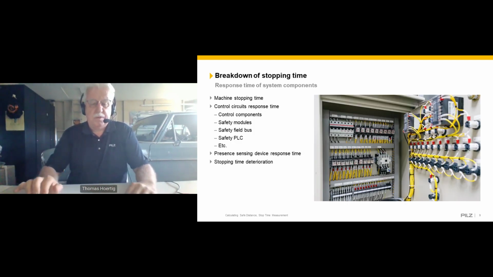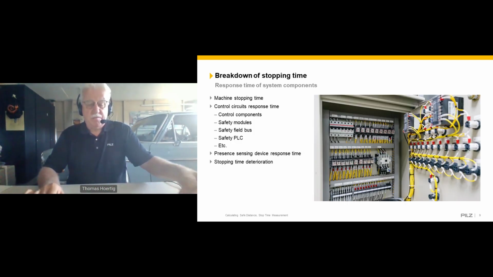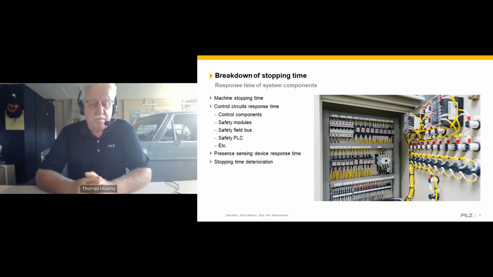Okay. So here's a breakdown of the stopping time as we just saw on the previous slide. We're looking at the machine stopping time; that was the whole area in blue of our diagram. Then we had the control circuit response time; this was the yellow bar. This can consist of multiple elements: control components, safety modules, safety field bus systems, safety PLC. You have mechanical components, pneumatic componentry, hydraulic, and so on.